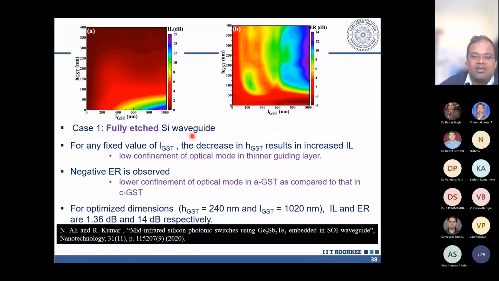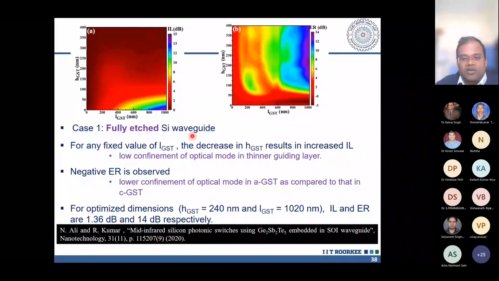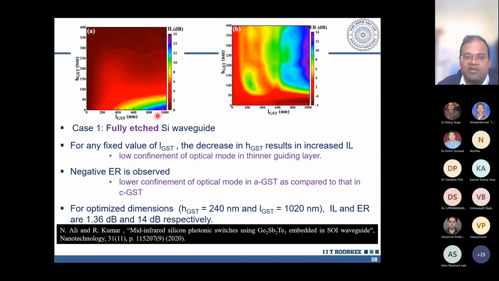Normally crystalline should be absorbing more. However, there is a mode which is less confined in the amorphous case and more confined in the crystalline case. This is how the negative extinction ratio is observed, as you can see here. This is an interesting observation that the extinction ratio can even be negative.